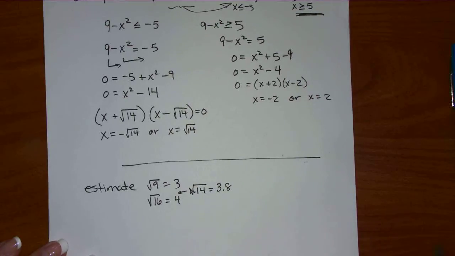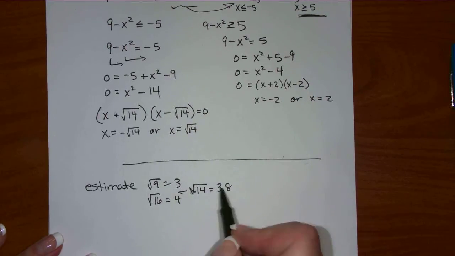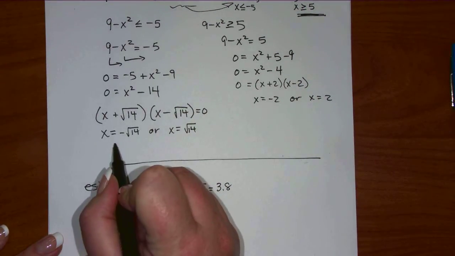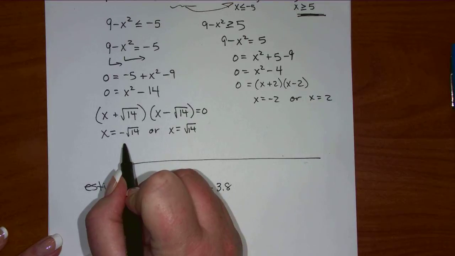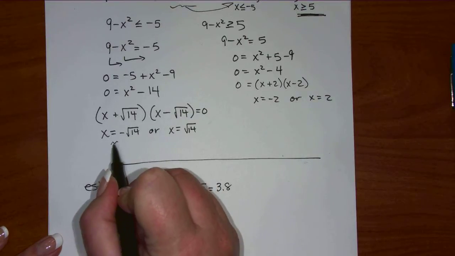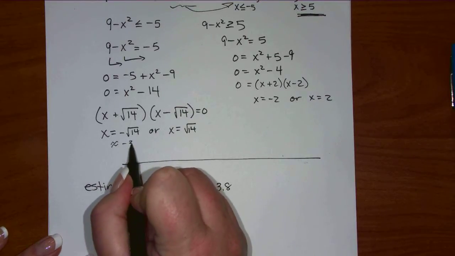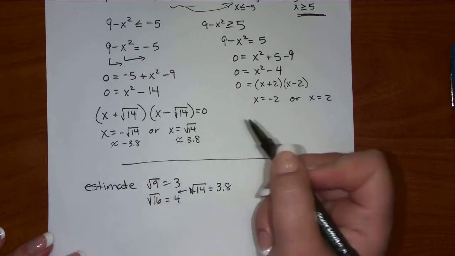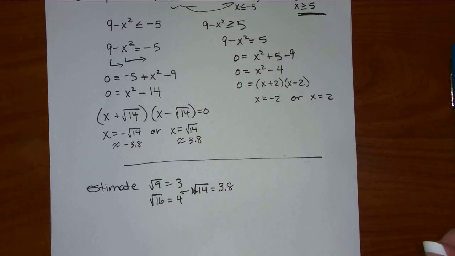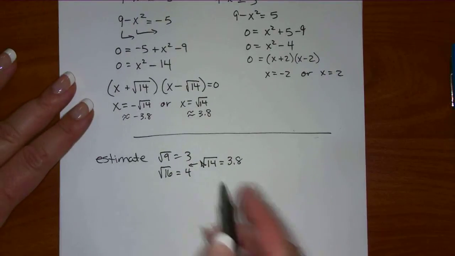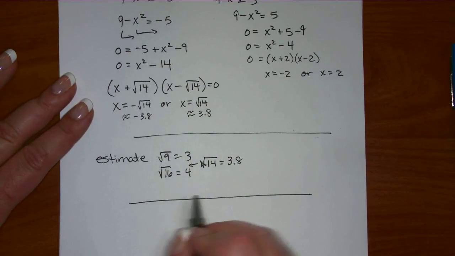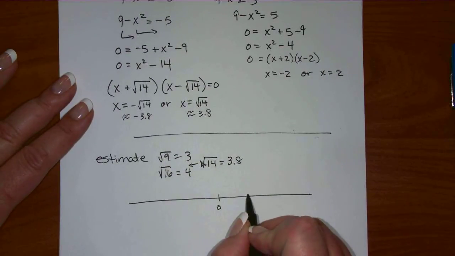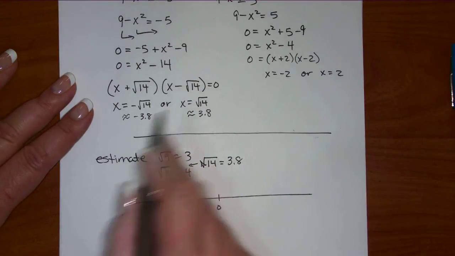Okay, so 3.8 is a good guess. So do I write equals 3.8 up here? No. I do a little squiggle, because that's your guess. It's not exactly right. So we need 2s and 3s on here.